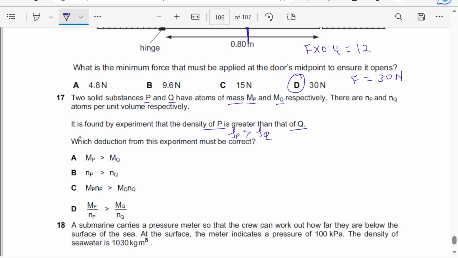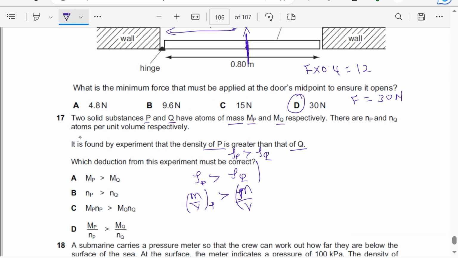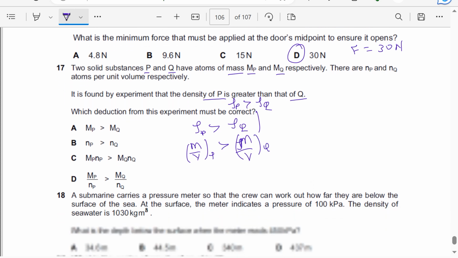Okay. So the density of P should be greater than the density of Q. Density is mass over volume. So the mass over volume for P should be greater than the mass over volume for Q. So let's substitute.